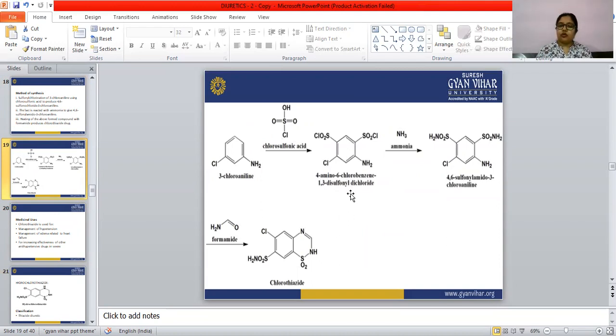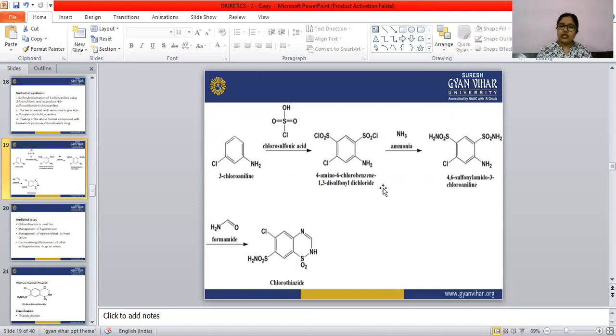When this 4-amino-6-chlorobenzene-1,3-disulfonyl chloride is reacted with ammonia, we get 4,6-disulfonamido-3-chloroaniline. And when this product is reacted with formamide, we get our chlorothiazide.